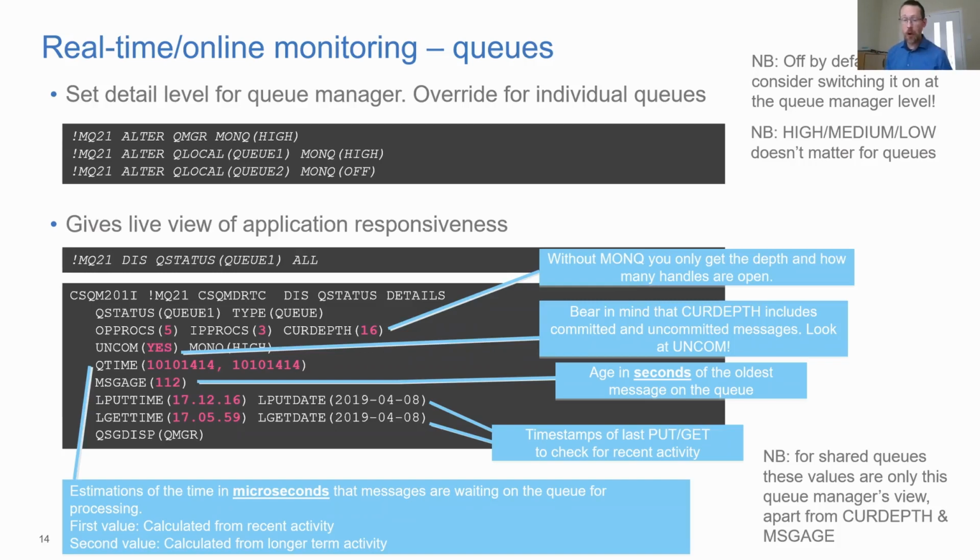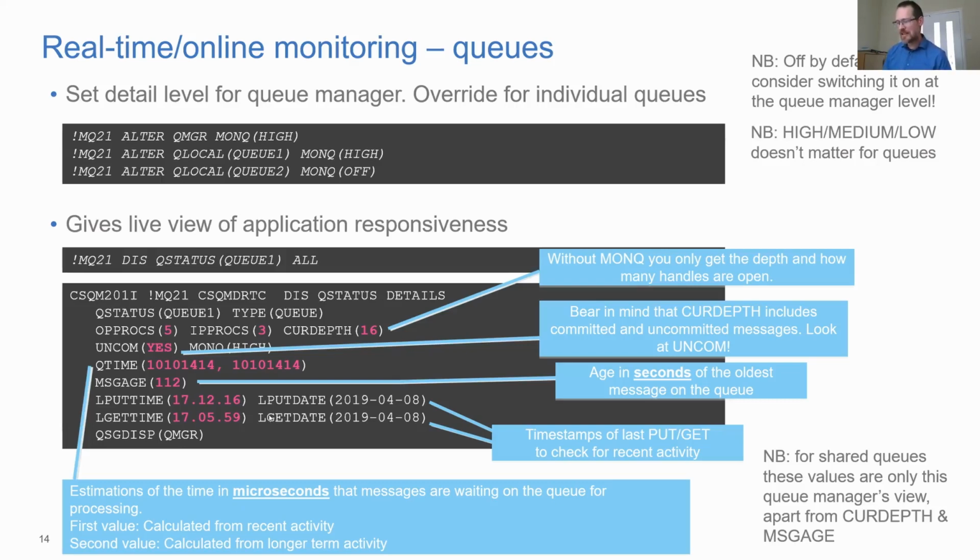That may or may not be a problem. It does depend on your application. So again, as well as having this data, it's also useful to look at it occasionally and understand what the normal values are. Is it normal for messages to spend 10 seconds on the queue before being processed? Maybe it is, maybe it isn't. But you understanding that is important.